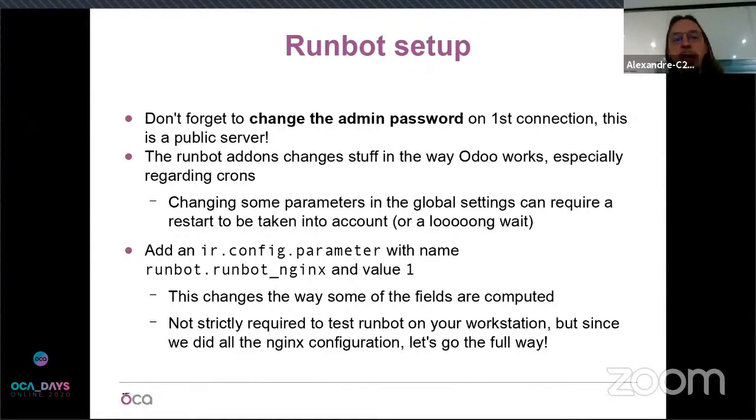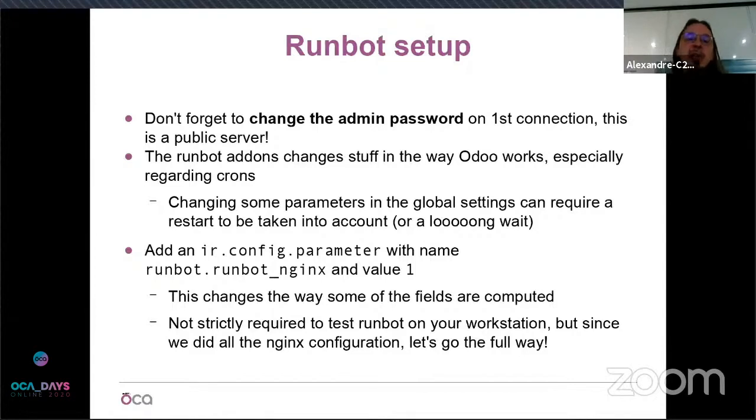Second thing you need to change, and to do manually because it's not available through a setting, is to add an IR config parameter, the system configuration parameters, called runbot.runbot_nginx, and set it to value 1.